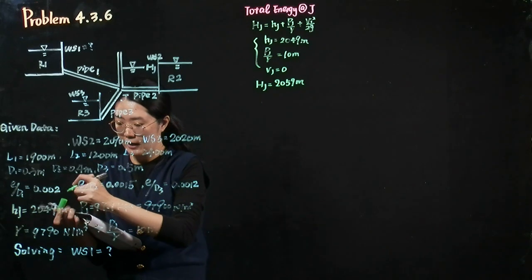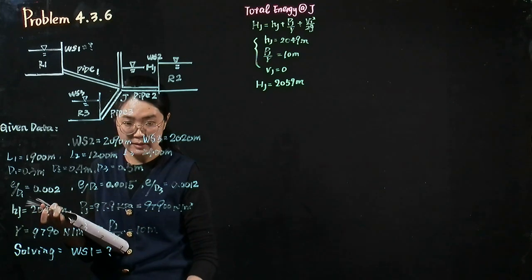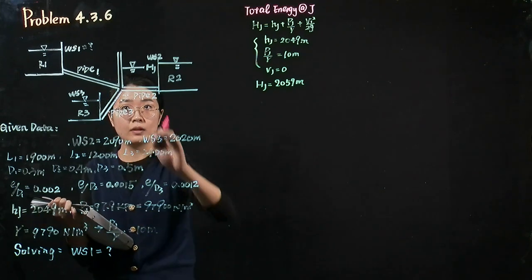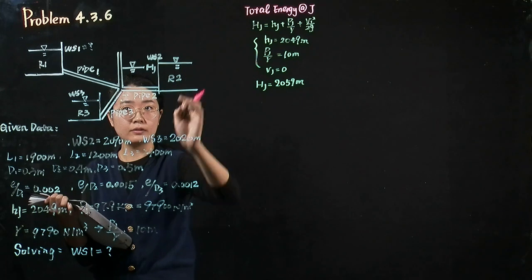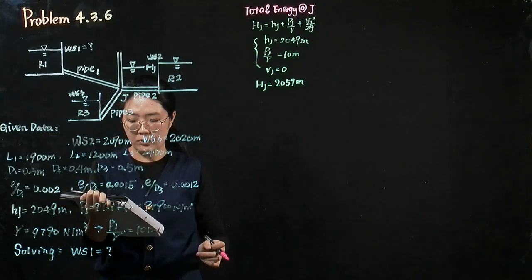So the next step, let's take a look at point J and reservoir 2.